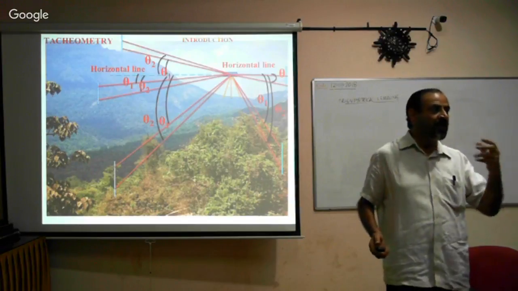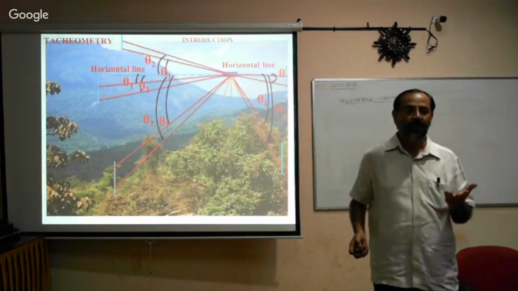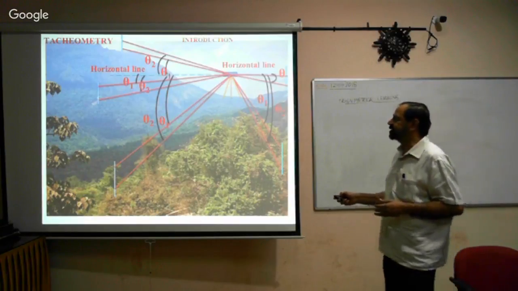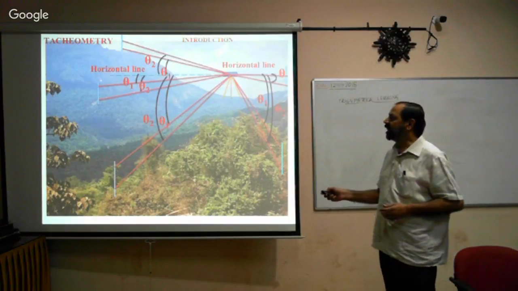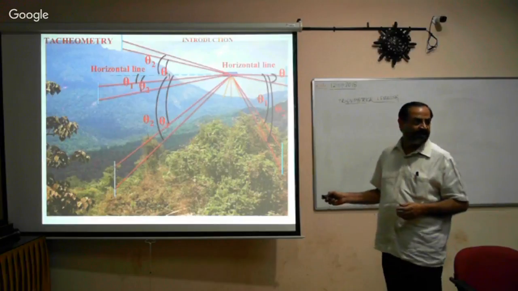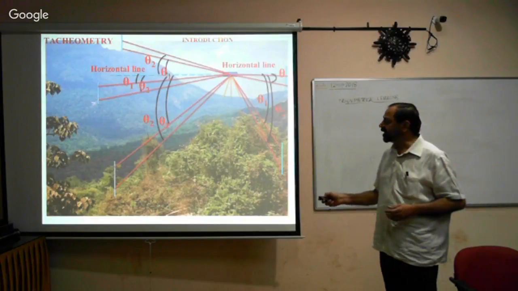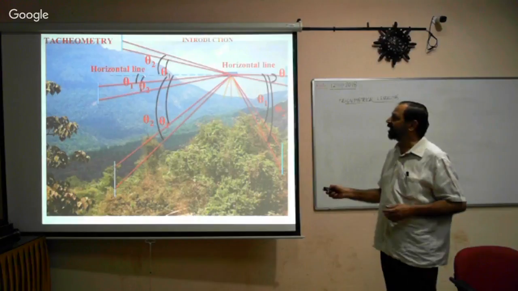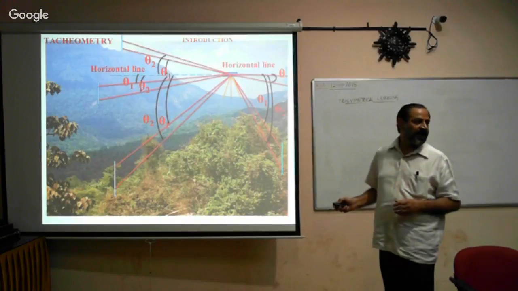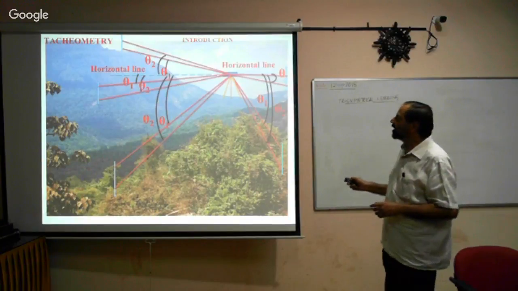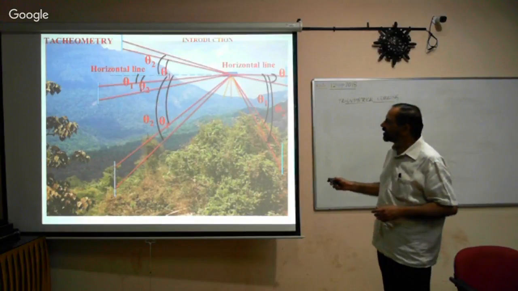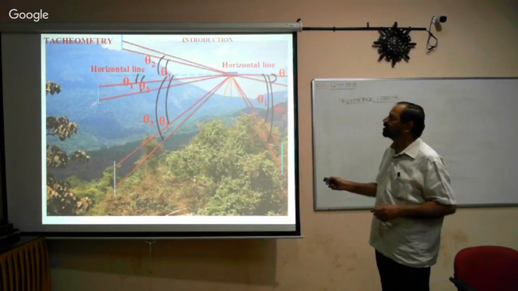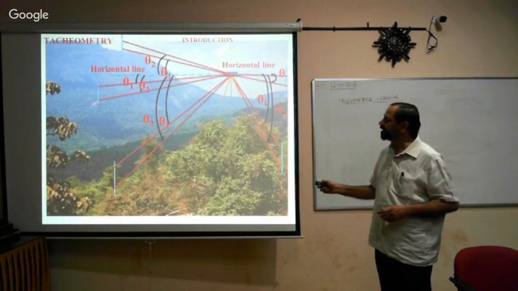Under those circumstances, what we will do is, at a fixed distance in the leveling staff, we measure the vertical angle theta1 and vertical angle theta2. Similarly, we measure the vertical angle theta1 and theta2 to a fixed distance.